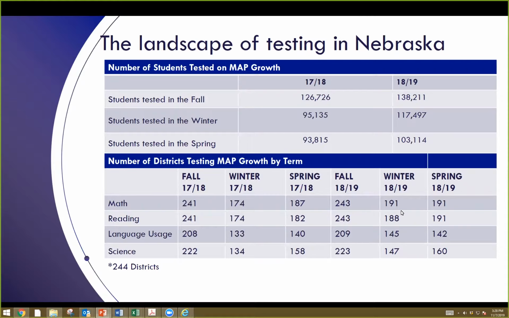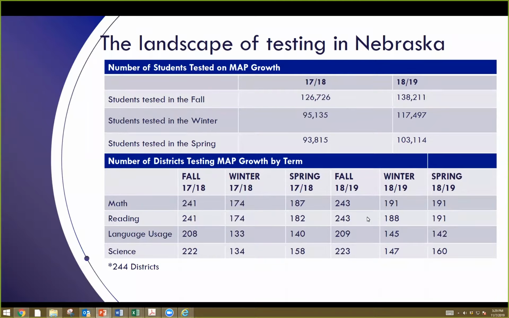If we look at district numbers, there are 244 districts in the state of Nebraska. Fall last year, if we look at reading and math, 243 districts out of the 244 tested. We know that all 244 districts used MAP Growth at some point last year. You can see the numbers decrease in winter and then are about the same in spring for the number of districts testing during those times.